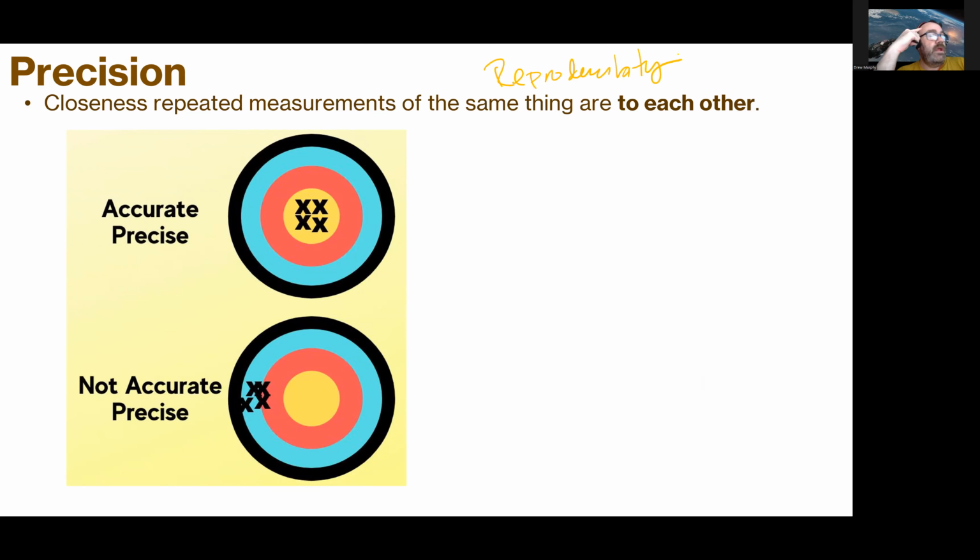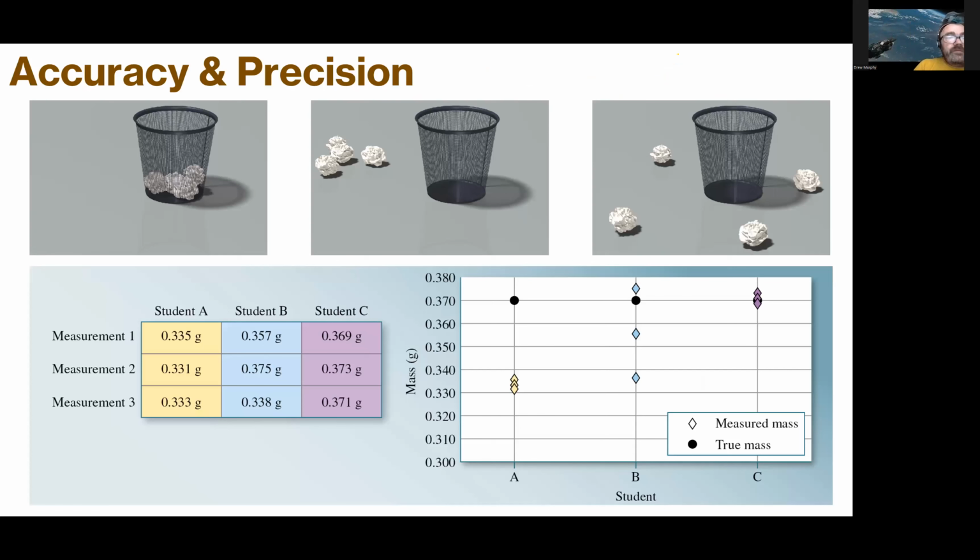Okay, so in this case, these people are both very precise because their things are clumped together, but only one of them is being accurate and precise, which is kind of our ideal goal here. Again, this is more examples. This would be accurate and precise. This is precise but not accurate, and this is neither precise nor accurate.